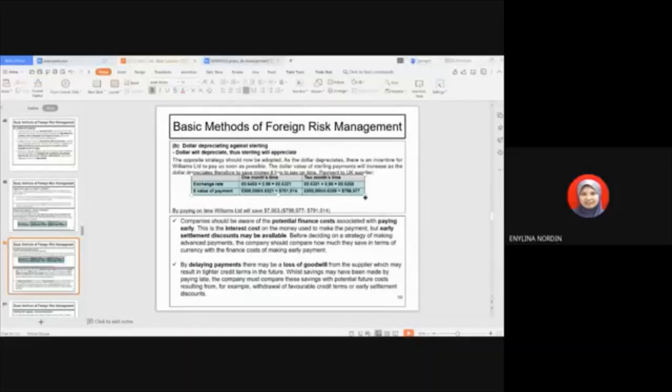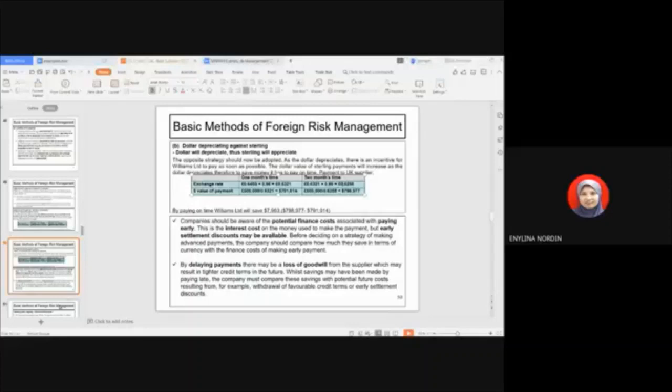It will make the imports more expensive if the US company pays in 2 months' time. So that's why the company will adopt a leading strategy, and try to pay as soon as possible if the pound sterling is expected to appreciate.